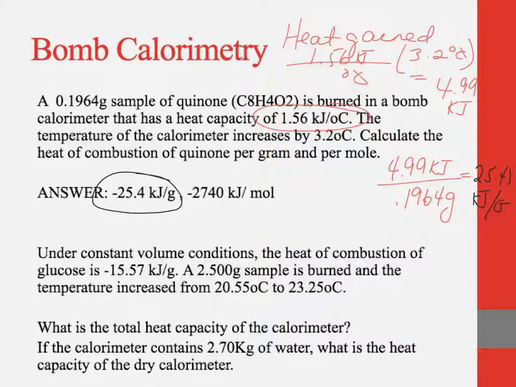That's awesome. Now they want to do it by mole. Here's where there's a mistake in the compound. This is C6H4O2. So we have, whoops, sorry, I forgot that was negative because it's exothermic because it increased.